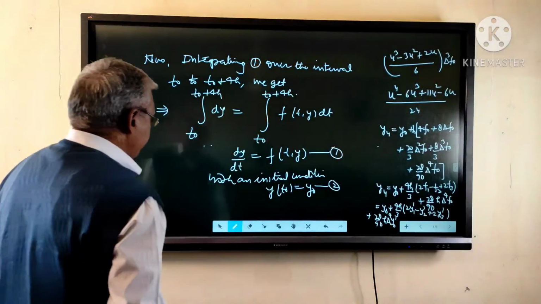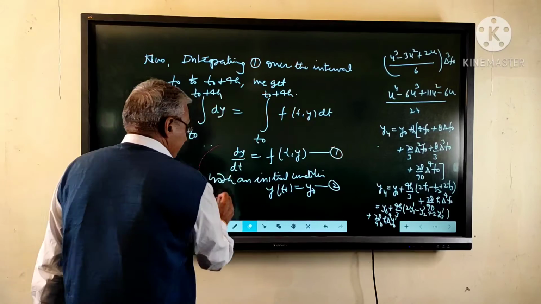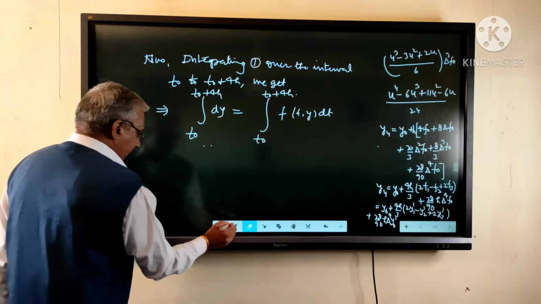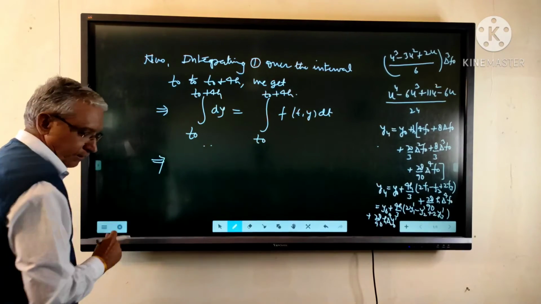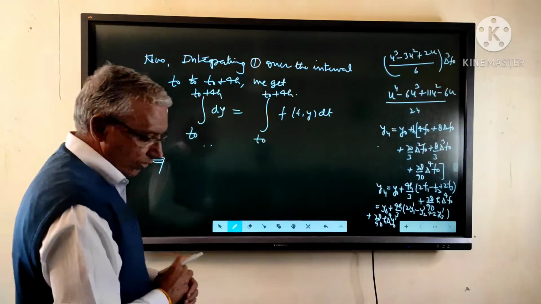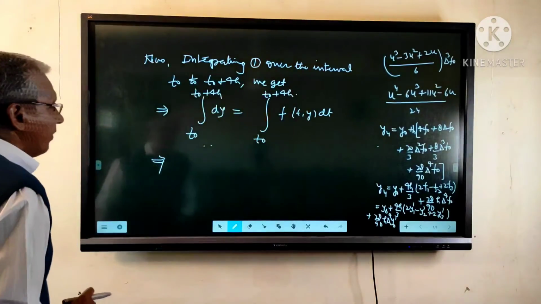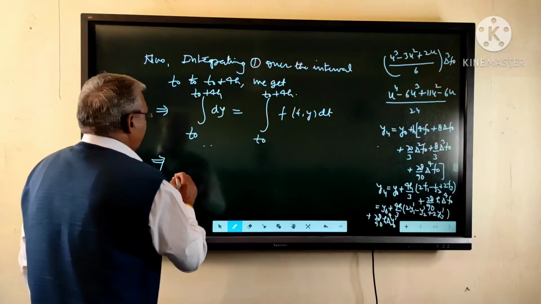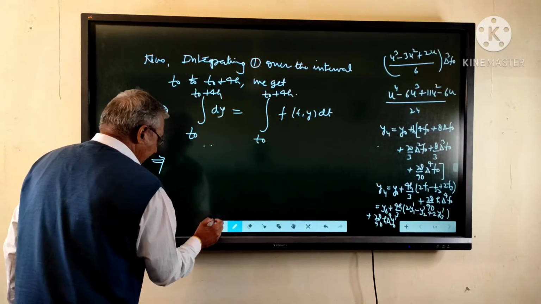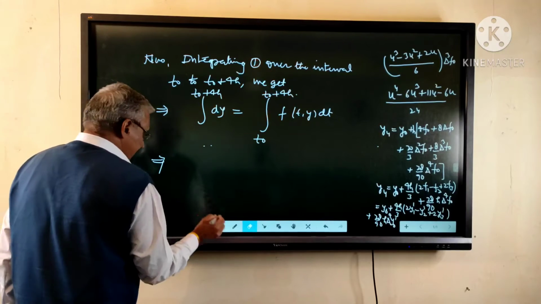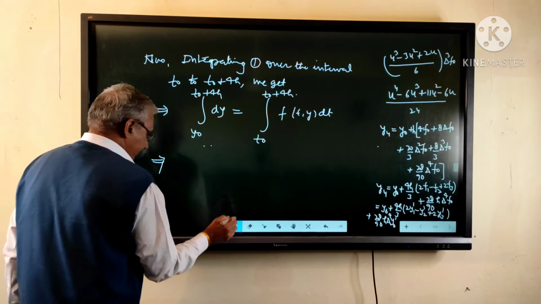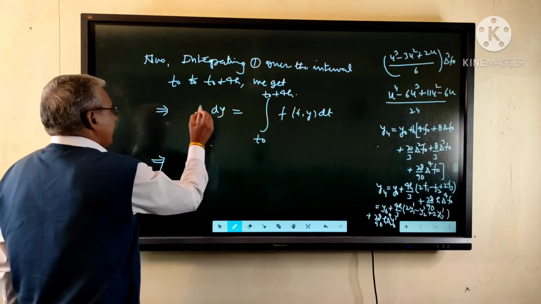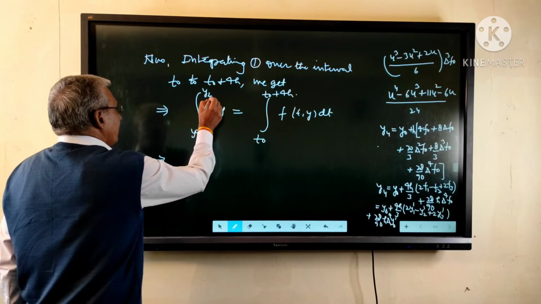After integrating we have this equals, we know that when t equals t0, this value is y0, so therefore we can write y0 to y4.